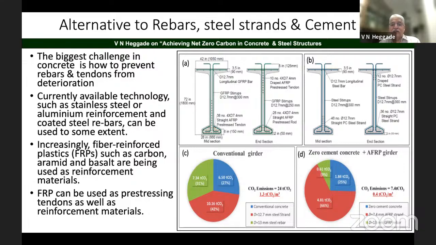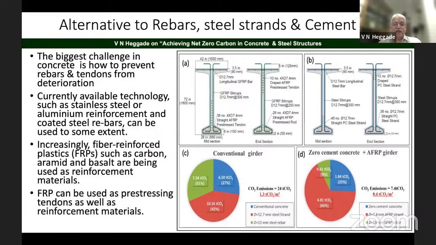That kind of cement has been done abroad, and if it's possible for us to replace this OPC as well as the metallic reinforcement completely, it is possible to bring down this carbon dioxide emission to 0.4 ton carbon dioxide per cubic meter of concrete. From 1.3 to 0.4, it's around 70%, as you can see.